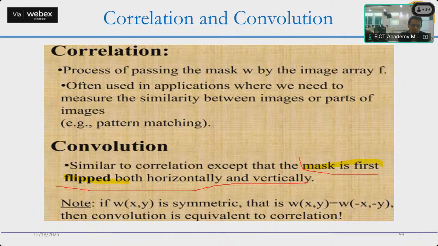Now, the question: where do we use correlation? Correlation is used when you want to do pattern matching, or find out whether it is the same image which we want to get in the output. In convolution, apart from those limited cases of pattern matching, everywhere we basically use convolution.